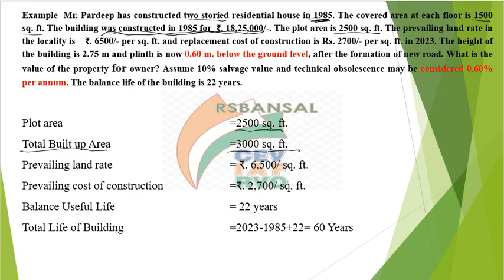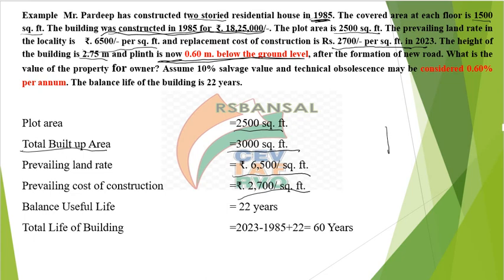The prevailing land rate in the locality is 6,500 per square foot, and the replacement cost of construction is 2,800 in 2023. The height of the building is 2.75 meters and the plinth is now 0.60 meter below ground level.